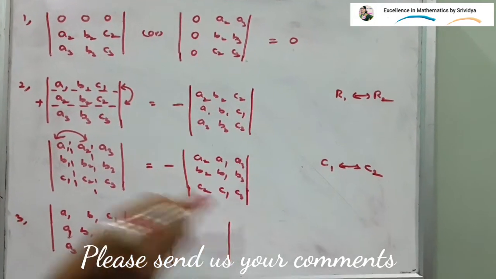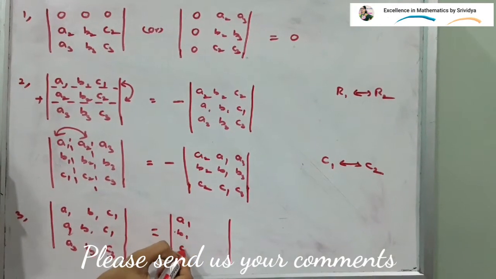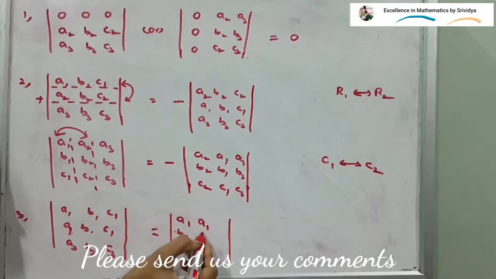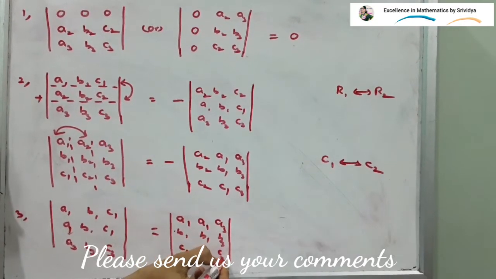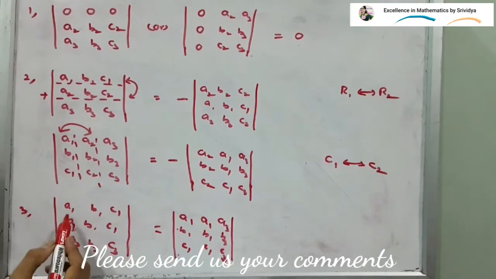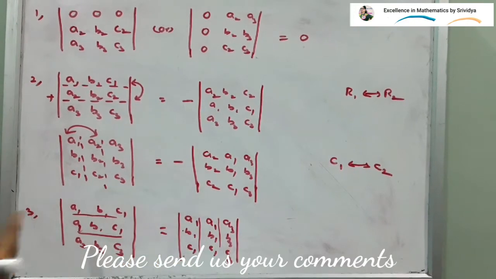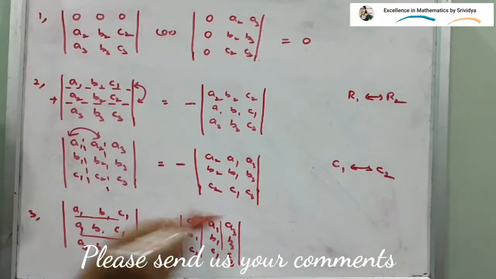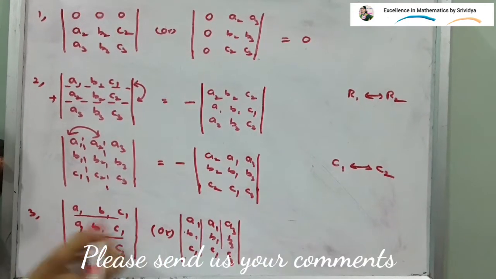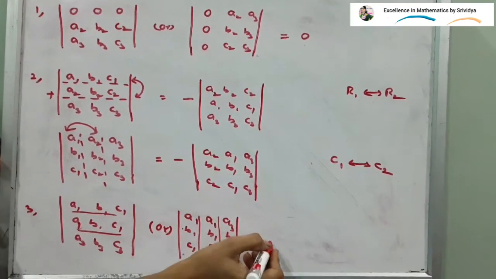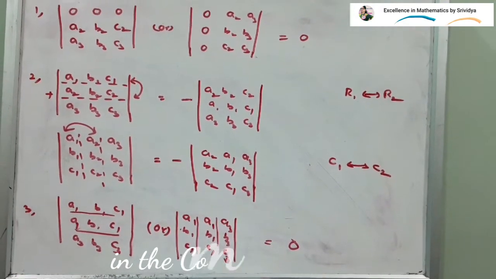Or if two columns are equal, this A1, B1, C1, A1, B1, C1, A3, B3, C3. If two rows are equal or two columns are equal, then the determinant of that matrix is 0.